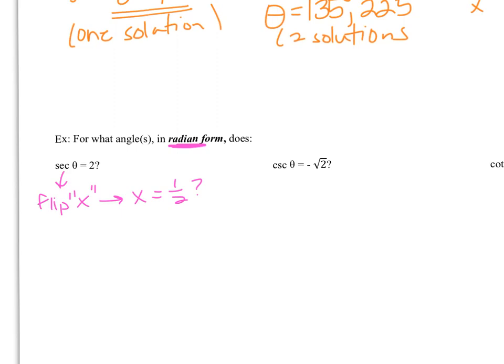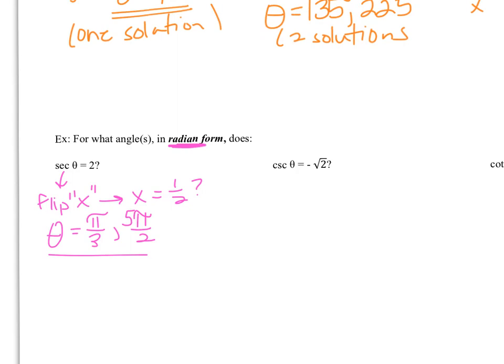Well, I see that over in quadrant 1, kind of towards the top, and in quadrant 4 towards the bottom. But we don't want the degree measure, we want the radian measure. So at those two locations, in quadrants 1 and 4, the radian would be pi over 3 and 5 pi over 3. That's when secant would be positive 2. We have two radian measures.